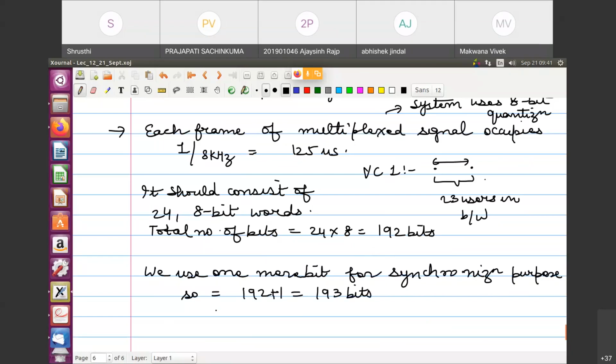Let us check कि एक बिट को कितना टाइम मिलेगा। So we have 125 microseconds, and we need 193 bits to occupy this. Okay, so you will find that per bit is 0.647 microseconds. So this is the time allotted to a single bit.